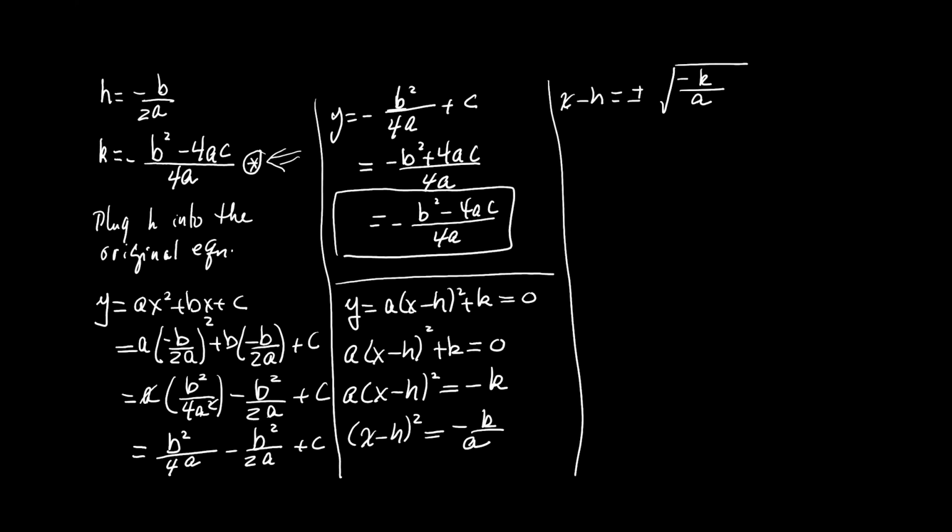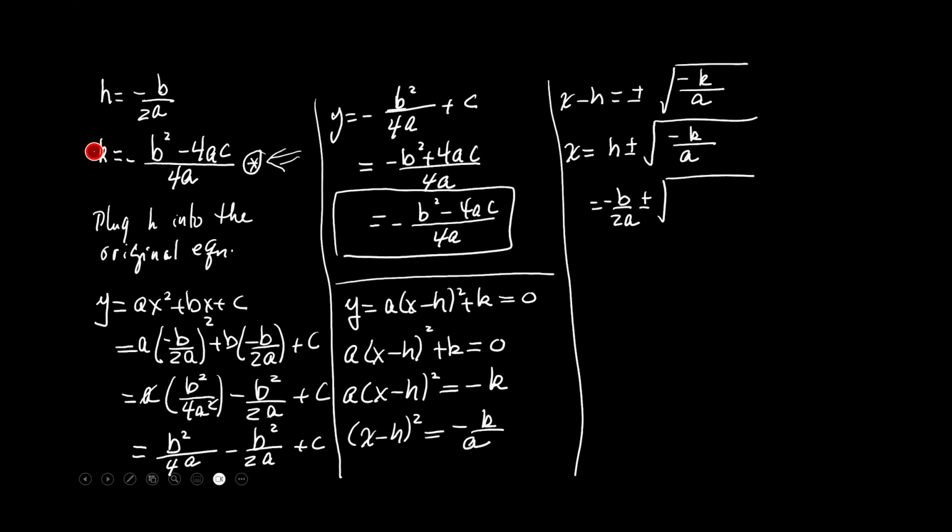Well, let's plug them in. Let me bring the h over first. What is h? H is negative b over 2a, plus or minus the square root. Negative k. This is k right here. So a negative k is a negative of a negative b squared minus 4ac over 4a.